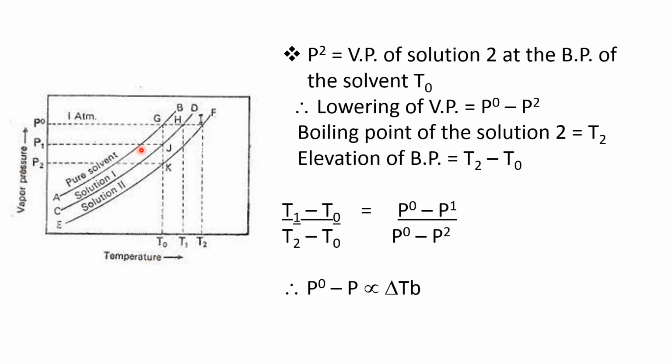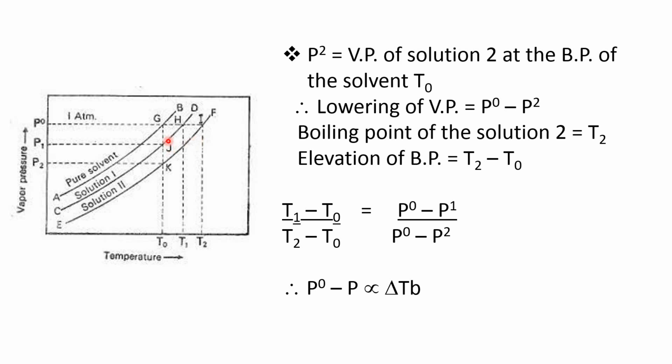Now, just look at this portion of the curve, this part JH, and even this part KI. Though it is curved, it is almost similar to a straight line. You can assume these are straight lines. In that case, this triangle GJH and this bigger triangle GKI are similar triangles.